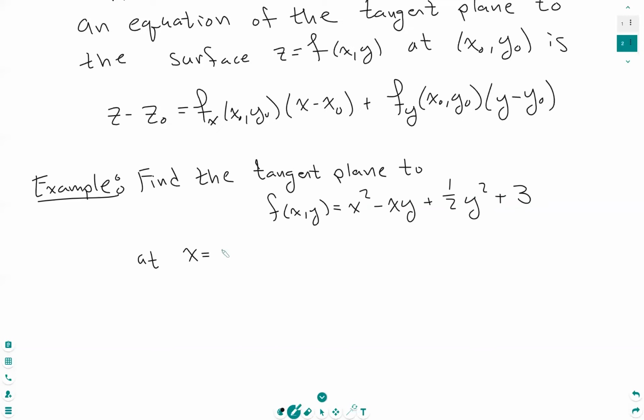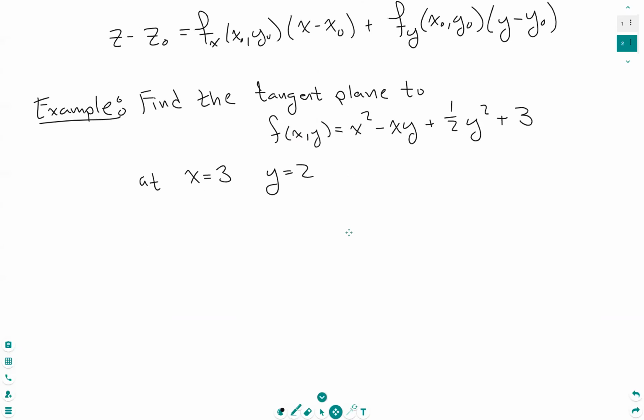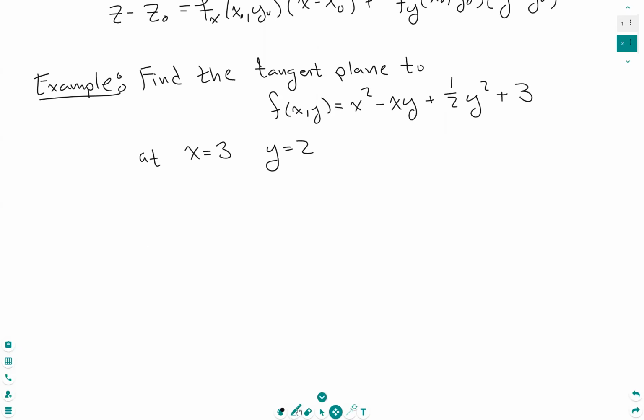And we're trying to find it at x is equal to 3, y is equal to 2. So the three things we need are z naught, which is our function at x naught, y naught.